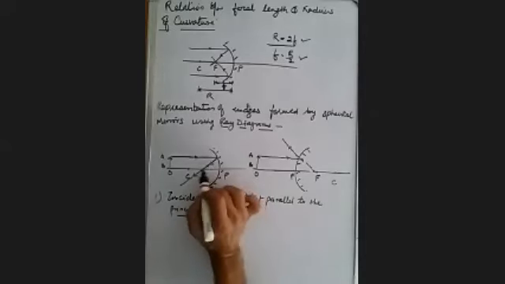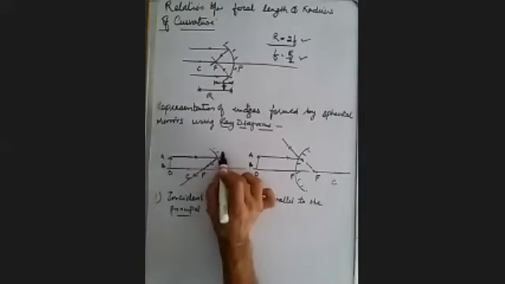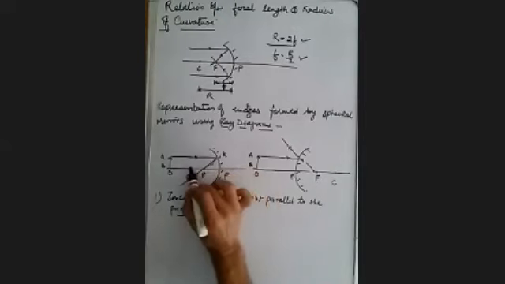Now, why is this ray moving in this particular direction? Suppose this point is K, where the ray is incident. You connect it with the center of curvature.